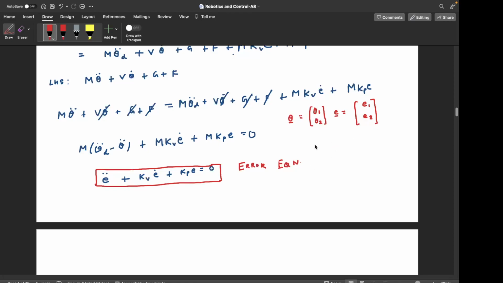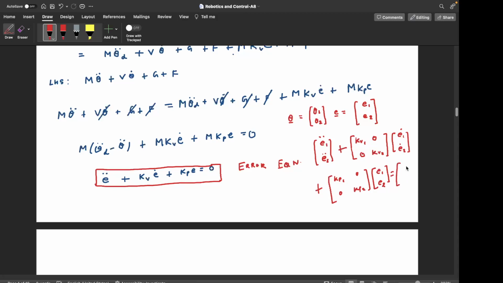So this expression would look something like this: e1 dot, e2 dot, double dot, sorry, and Kv is a diagonal matrix, so Kv1 0 0 Kv2, then e1 dot e2 dot, plus Kp1 0 0 Kp2, and e1 e2 is equal to 0 0, right?